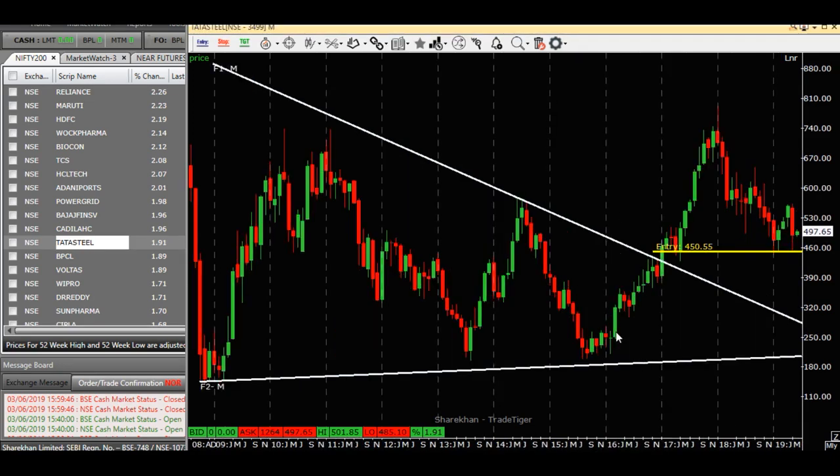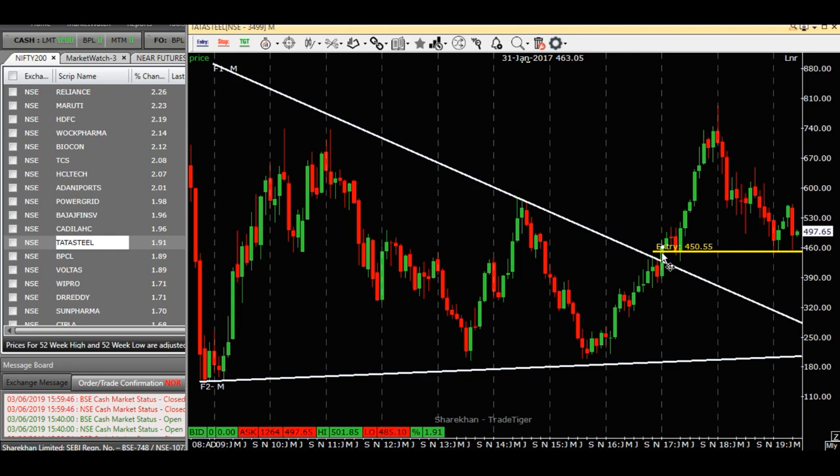Now you guys might be asking, how am I taking these entries? Right? I'm just saying that there's an entry here, enter on the breakout. Now there are precise ways where we can take entries, where we get precise levels that I will enter only above or below this particular level.